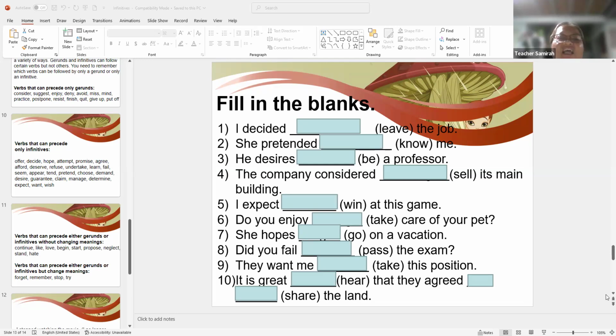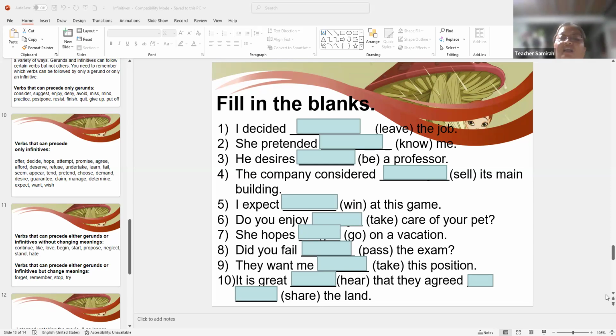Inda. The verb decided precedes this blank. What are we going to use, a gerund or an infinitive? Infinitive. Yes, it is infinitive. So what will be our correct answer here? I decided to leave the job.